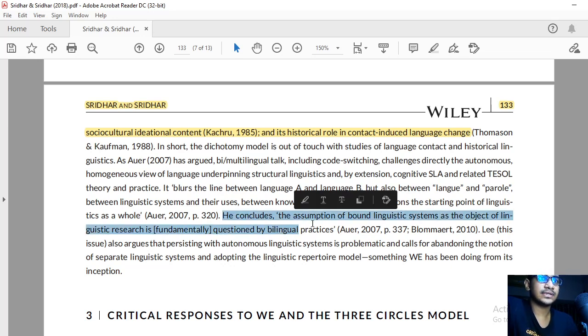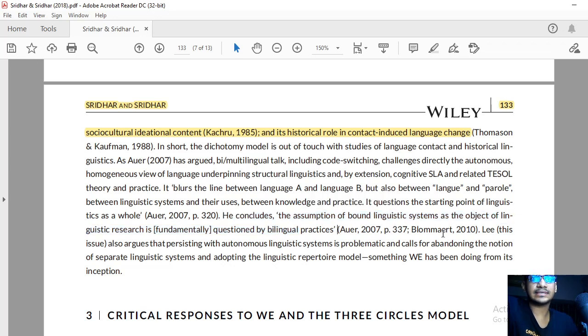He concludes, the assumption of bound linguistic systems as the object of linguistic research is fundamentally questioned by bilingual or multilingual practices. Lee, in this issue, also argues that persisting, meaning staying with, maintaining autonomous linguistic systems is problematic. Autonomous is a negative word here. Autonomous here refers to linguistic systems being almost sentient beings, prioritizing structure rather than functional value.